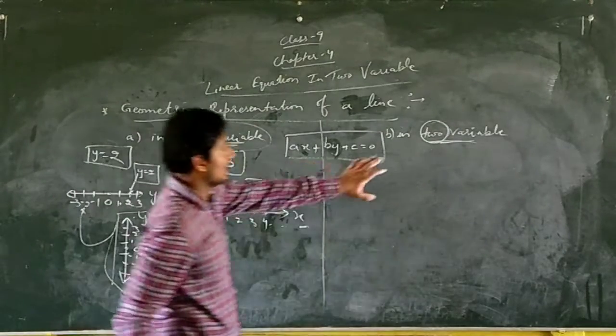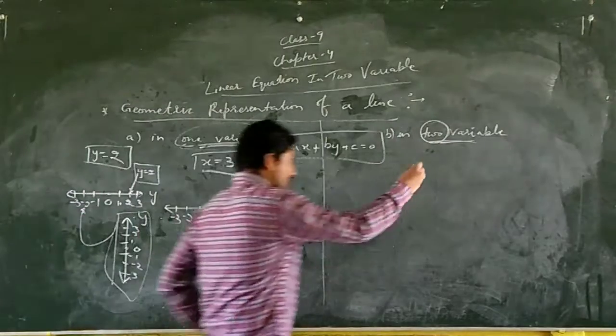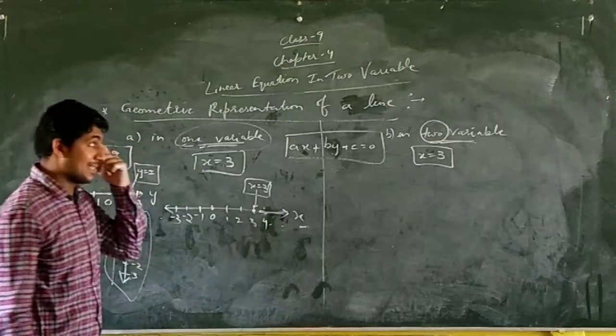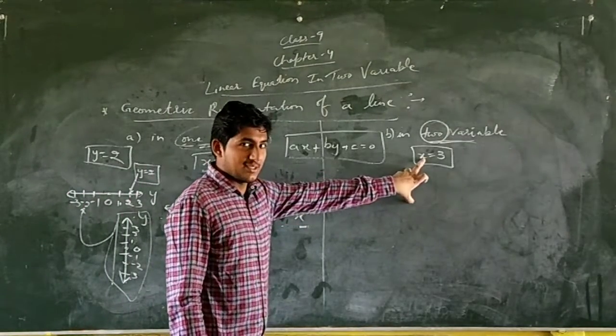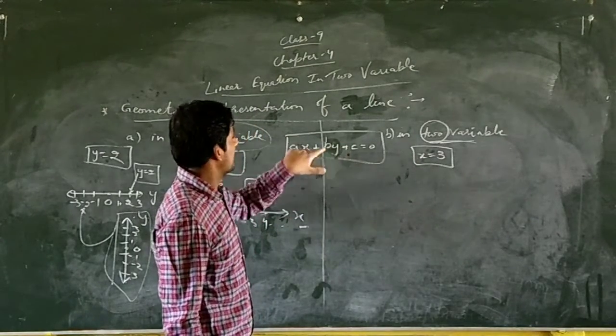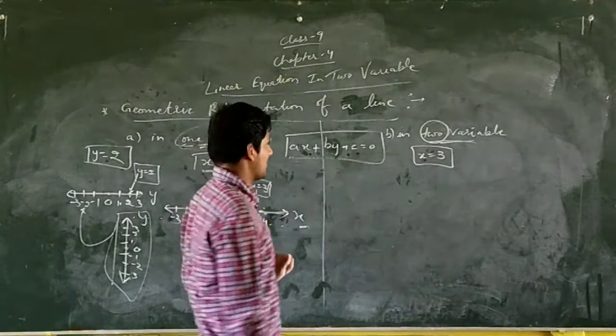So let us study the equation in two variables. How do we represent the same equation in two variables? In this case, we have to compare x is equal to 3 with the standard equation. We have to compare this with this one.